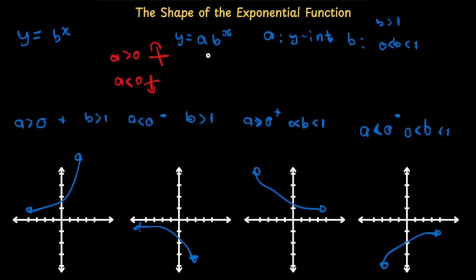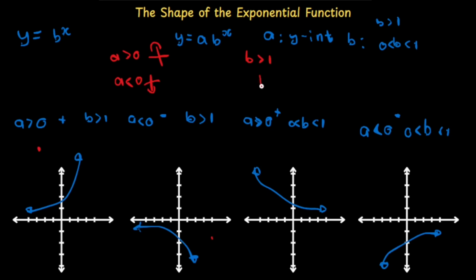Okay? If we have a value of b that is greater than 1, we would end up with a function that looks either like this or like this. It would start off close to the x-axis and it would progress upwards in its direction. In this case, it would start off close to the x-axis and it would progress downwards in its direction. Understand?